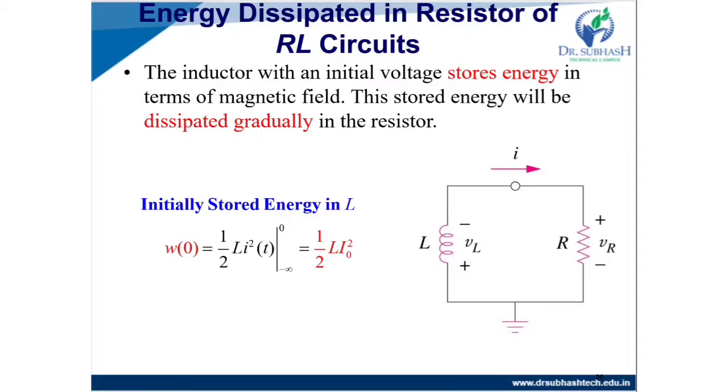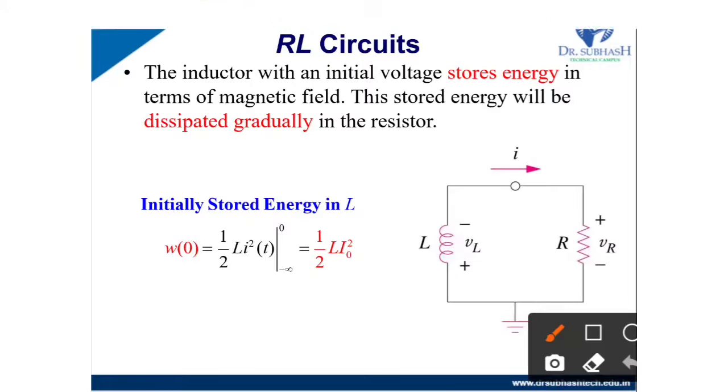This stored energy will be dissipated gradually in the resistor. The equation of initially stored energy in the inductor is 1 upon 2 L I square of t.